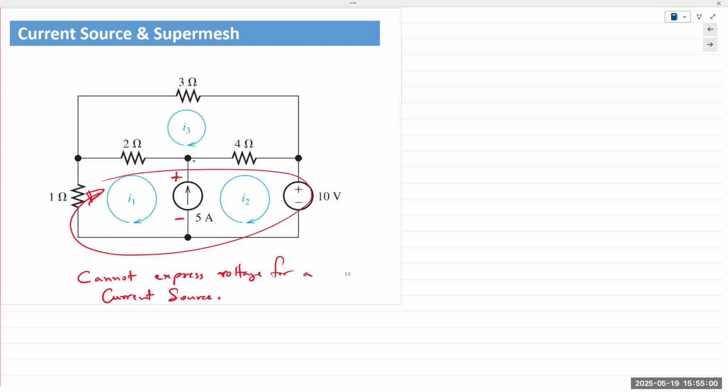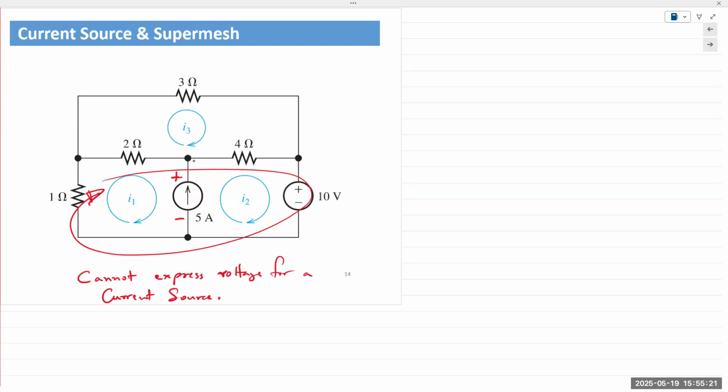So we'd combine the two meshes together and we would apply KVL around that entire loop containing those two meshes. There's no other difference whatsoever. KVL will apply as it is, nothing else changes, okay?